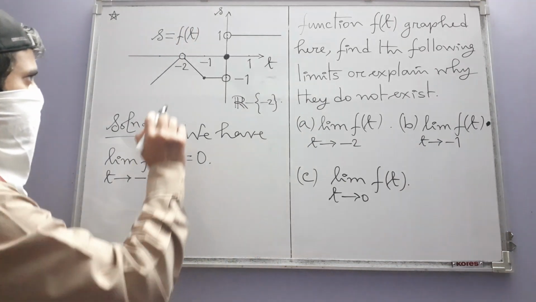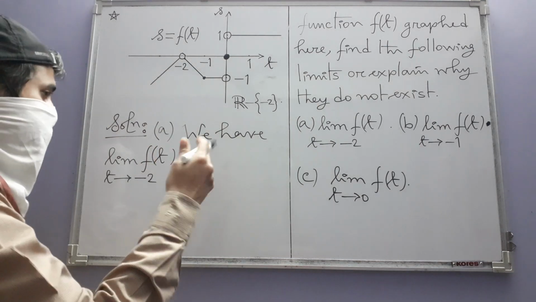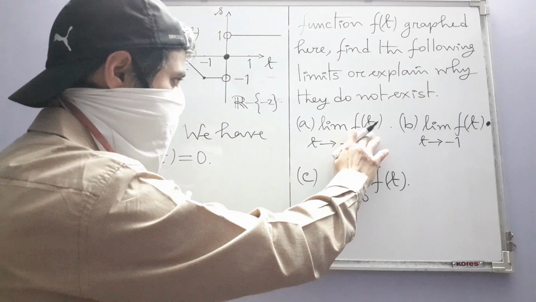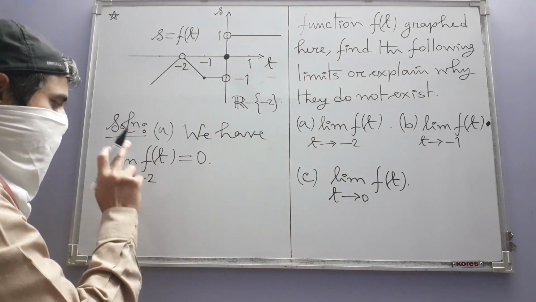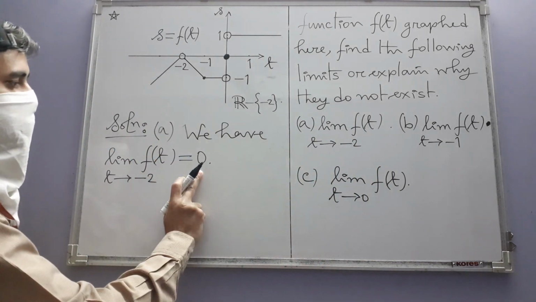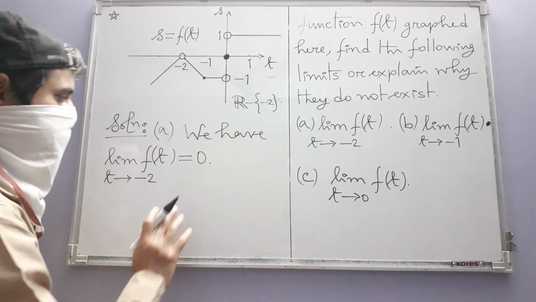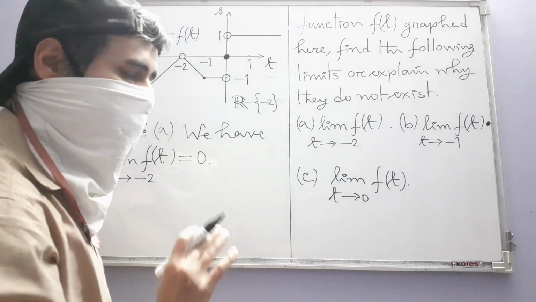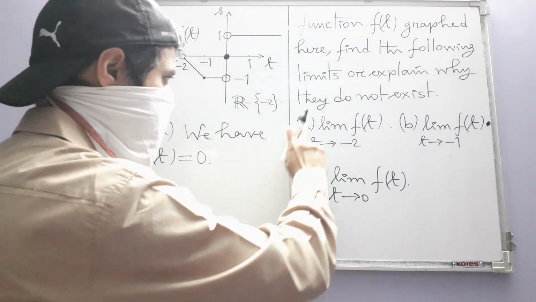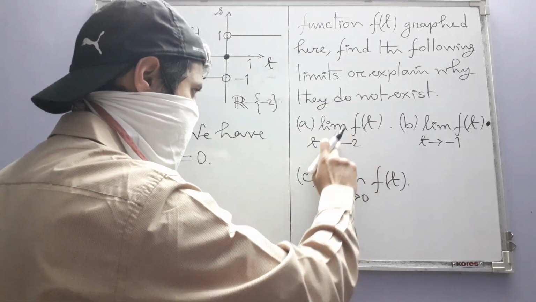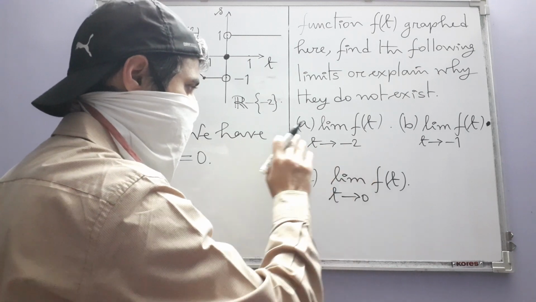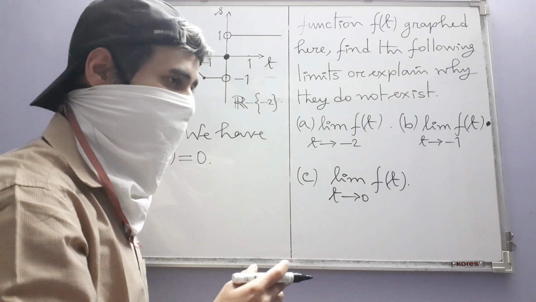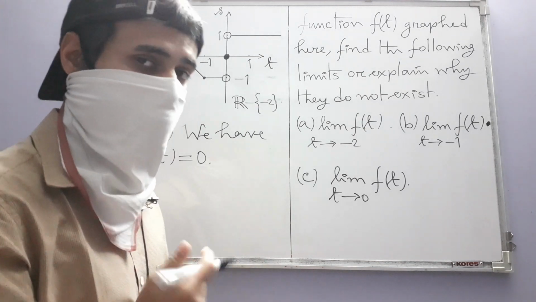Nothing happens at -2 as far as f is concerned. But still we can ask what the limit is, and it turns out that the limit exists and its value is 0. So this particular aspect of limit should never be forgotten: the limit at some point has nothing to do with what the function is doing at that point, or if it is doing anything at that point at all.